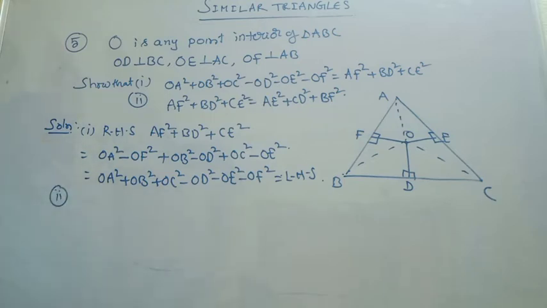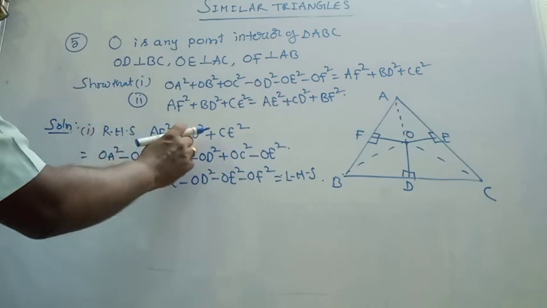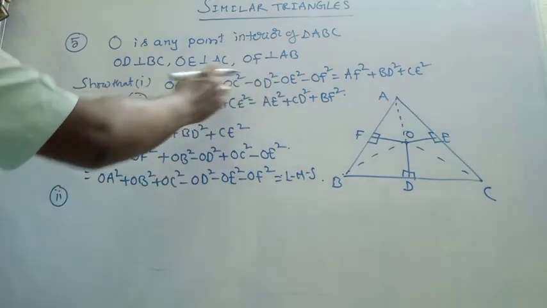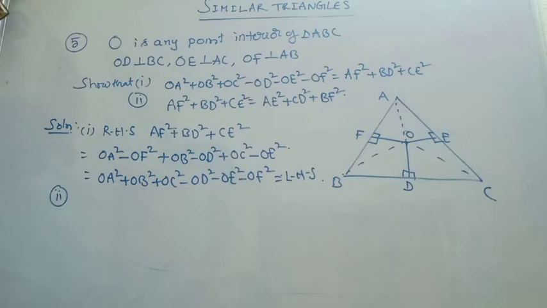Now the second one. AF square plus BD square plus CE square is equal to, they are telling, AE square plus CD square plus BF square. Already we got AF square plus BD square plus CE square as this one. Now let us try to get AE square.